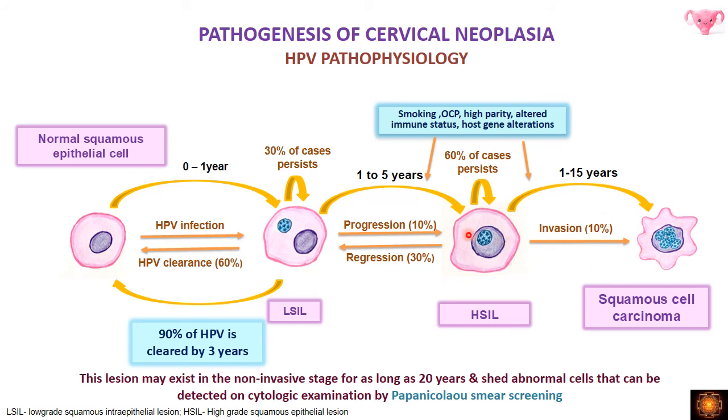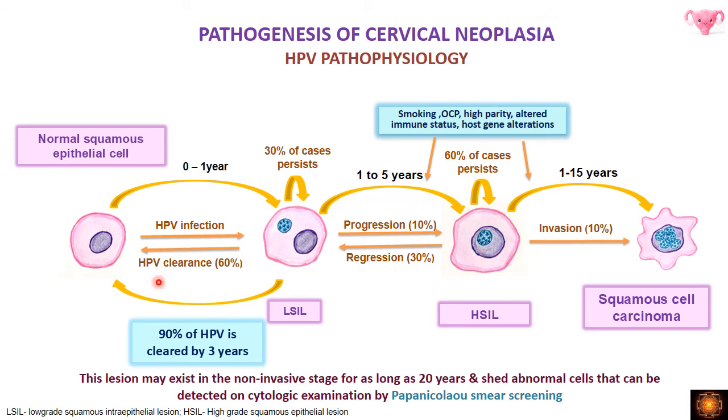Here also 60% of the cases just persist with the H cell only. So once the patient develops L cell, 30% of the cases can persist with L cell, or 10% may progress to H cell. And once the patient develops H cell, 60% of the cases may just persist with the H cell, or 30% can go back to L cell, and 10% can develop the squamous cell carcinoma.